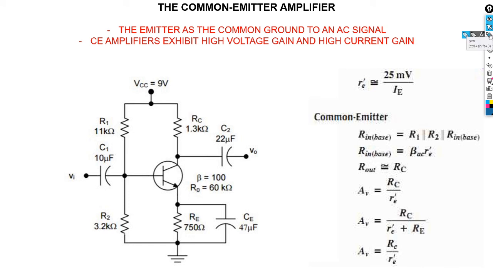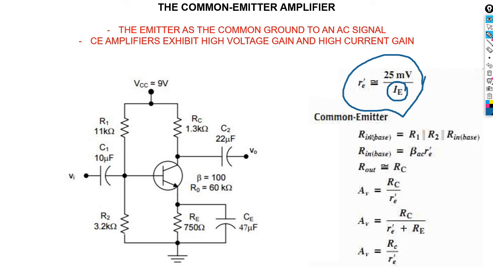As I said, after doing our DC calculation from the previous video, you can watch how to do this calculation. In the DC calculation, what we are looking for is just to calculate your I emitter. Once you know your I emitter, you now calculate your R emitter, the internal emitter resistance.